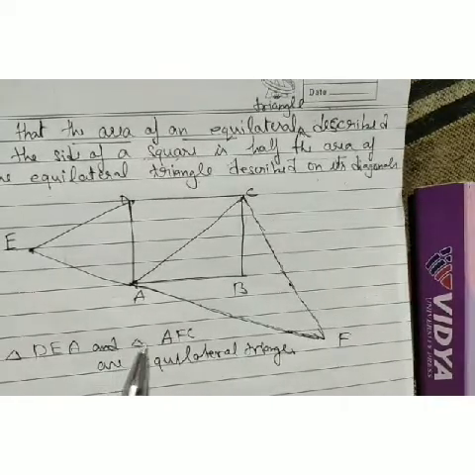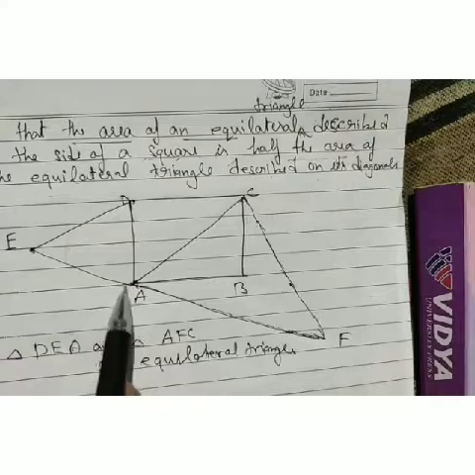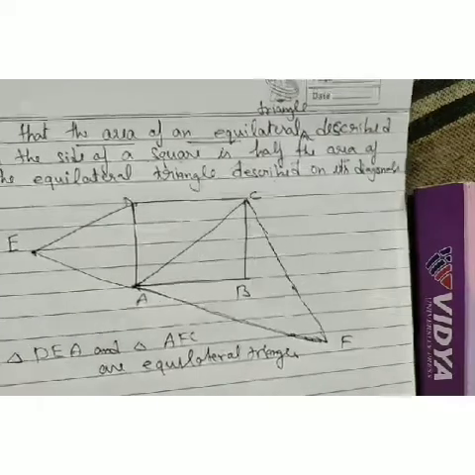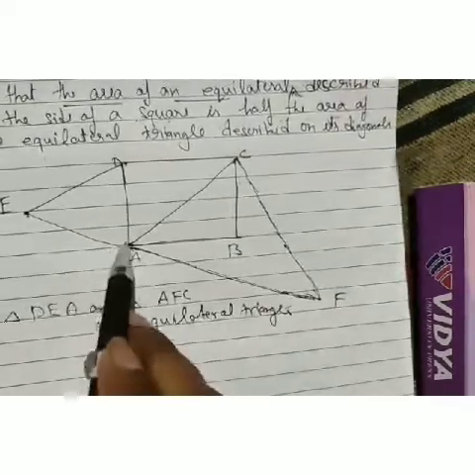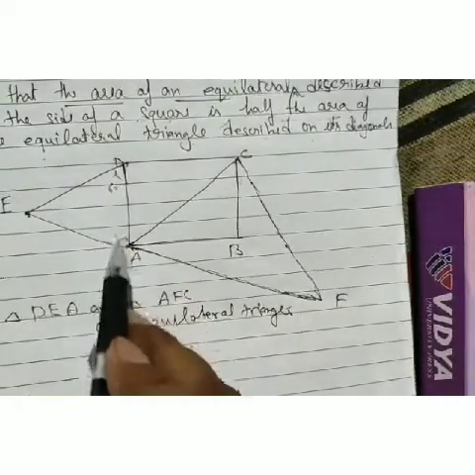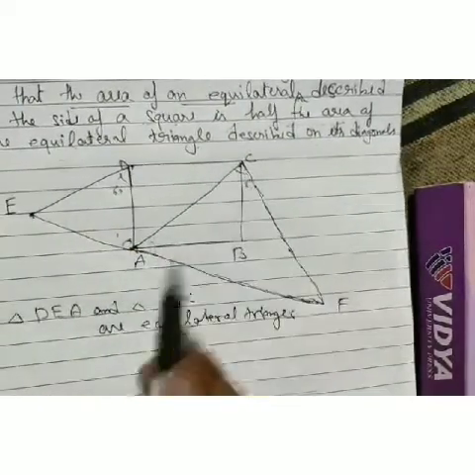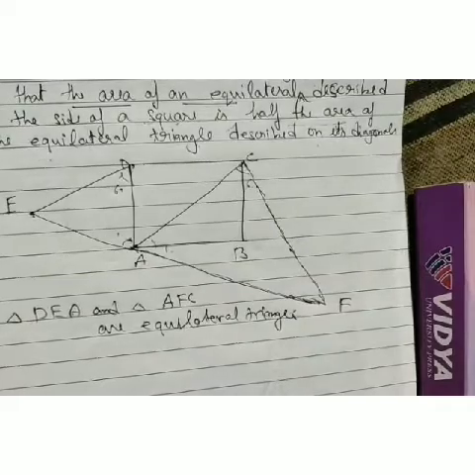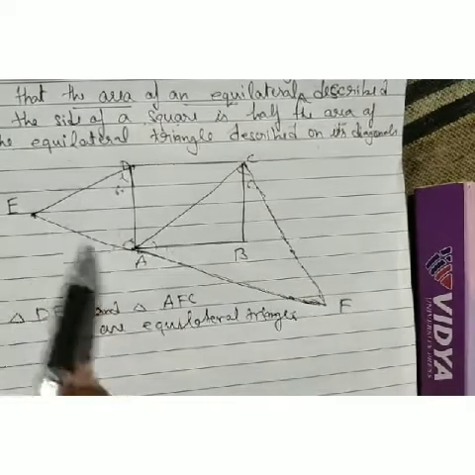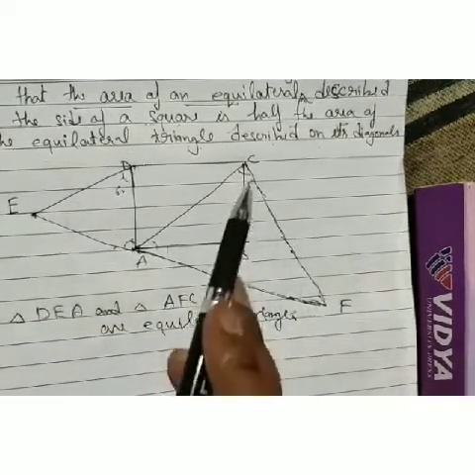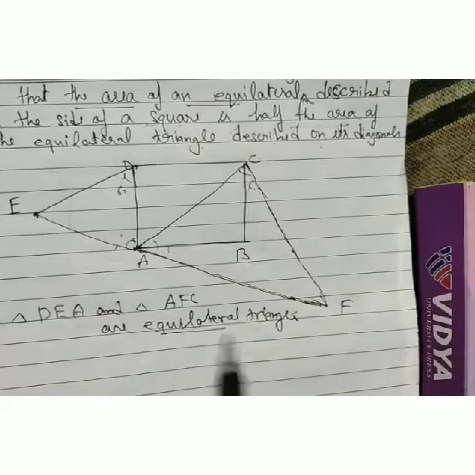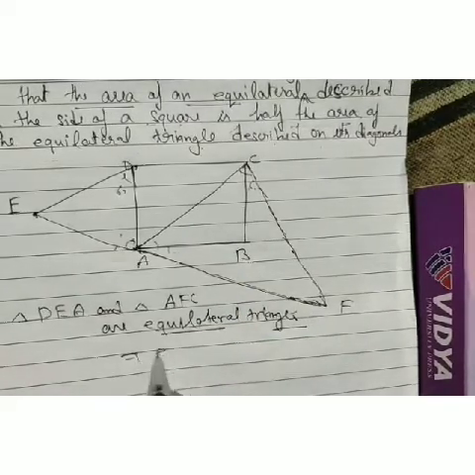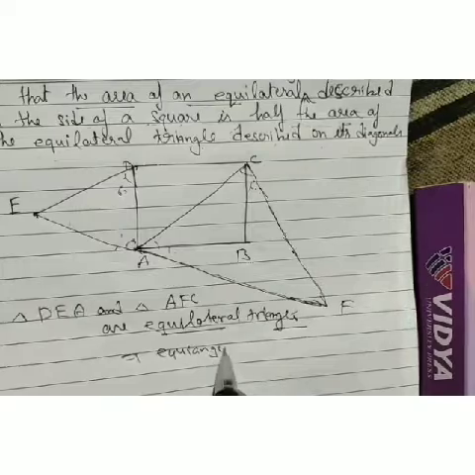Now for DEA and AFC, these triangles are equilateral, which means each angle is 60 degrees. It's 60, it's 60, and also this is 60 and this is 60. These are equilateral triangles, which means they are equiangular.